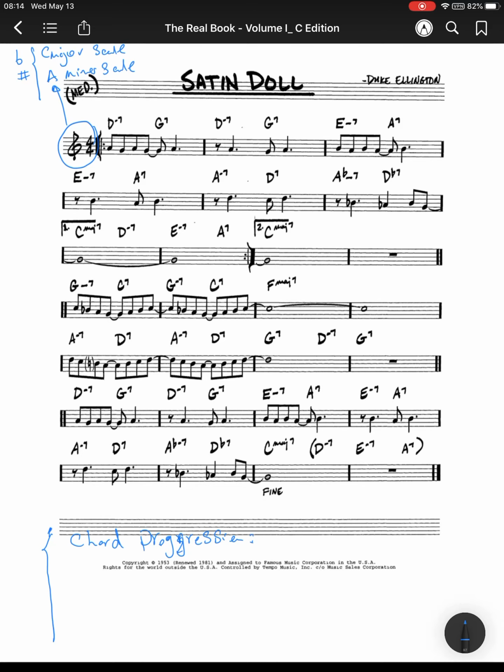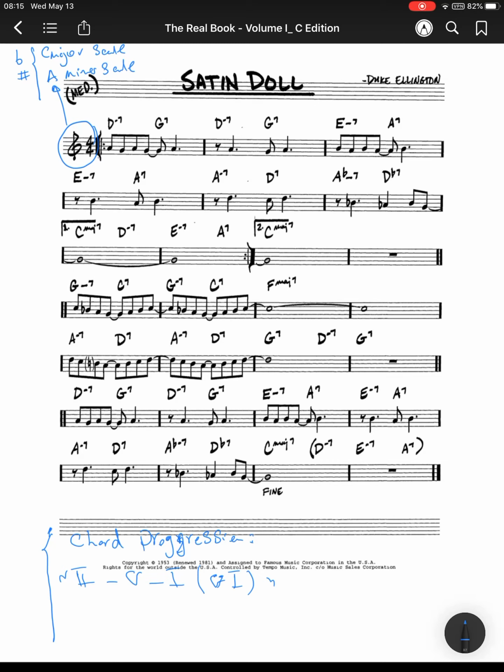We have a lot of important chord progressions in jazz music. The most important one is 2, 5, 1, and after 1 we maybe see the 6. So 2-5-1, or 1-6-2-5, or 6-2-5-1, or any combination of that. Those are the most important chord progressions in jazz music.